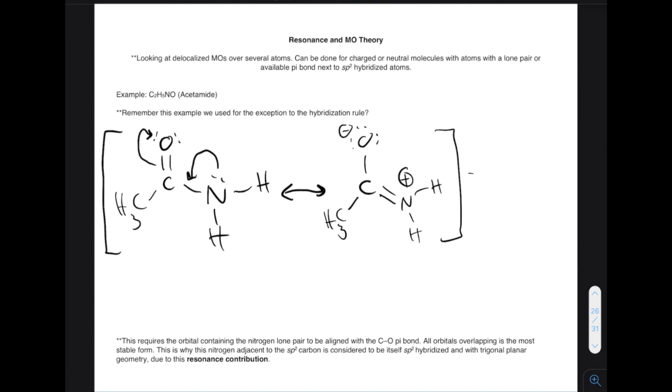And so the resonance hybrid for this would be as follows. Right. And again, showing the partial double bond character, we do this. And we can say that the oxygen has partial negative and the nitrogen has partial positive, right?